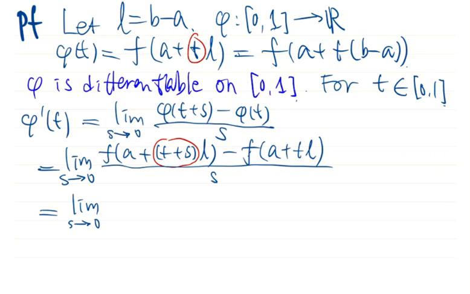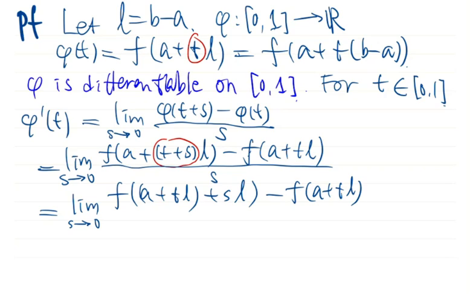But this is, as s goes to 0, f of a plus tL plus sL minus f of a plus tL, divided by s. What's this?